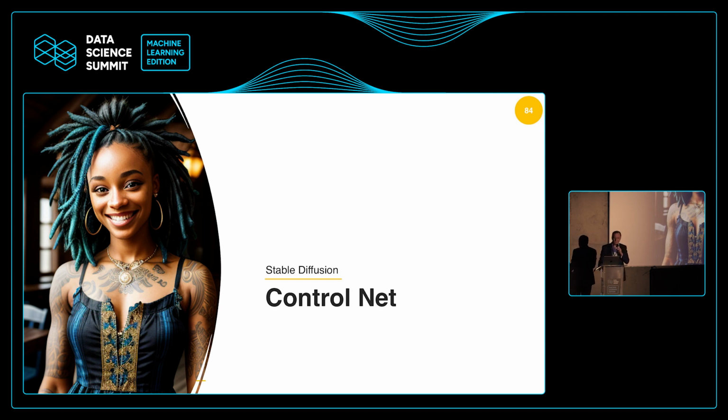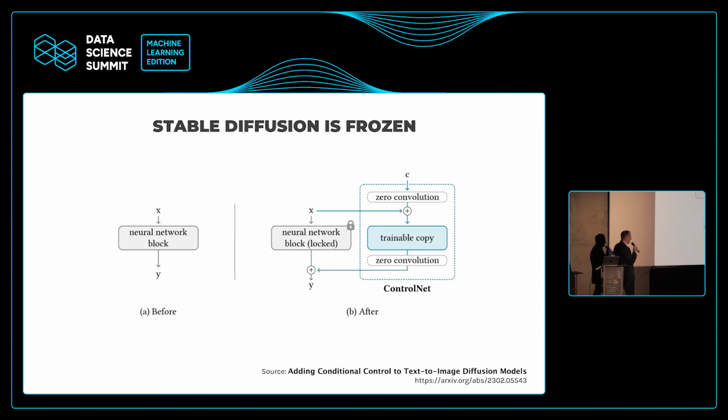And the last thing I wanted to talk about is ControlNet. How does this thing work? It's actually a very brilliant mechanism because it extends Stable Diffusion without changing it. We have Stable Diffusion, a huge model with millions of parameters, and people don't want to retrain the entire thing because it would take time.